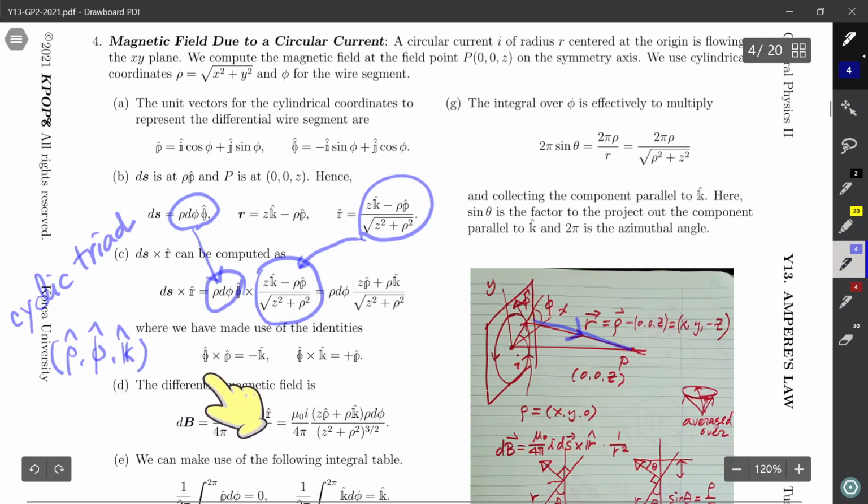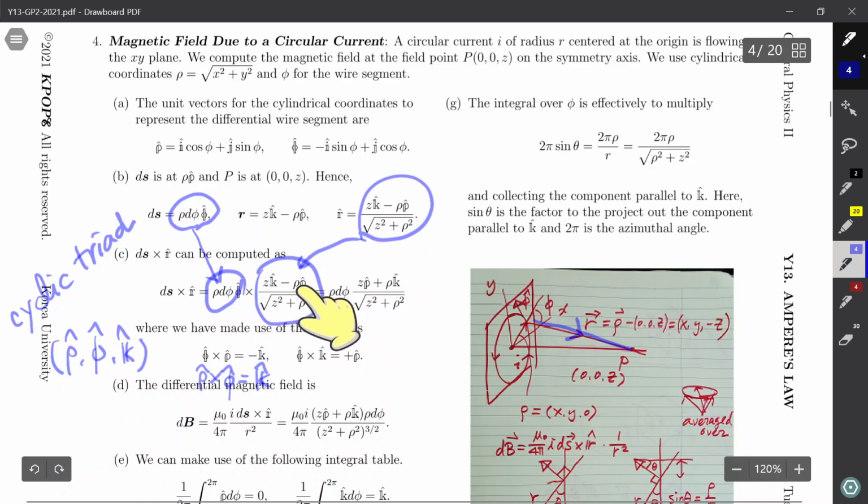So rho cross phi equals k hat, phi cross k hat equals rho, and k hat cross rho equals phi. So phi cross rho is minus k hat, so this minus rho becomes plus rho.